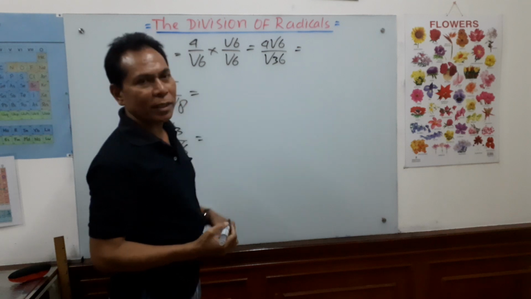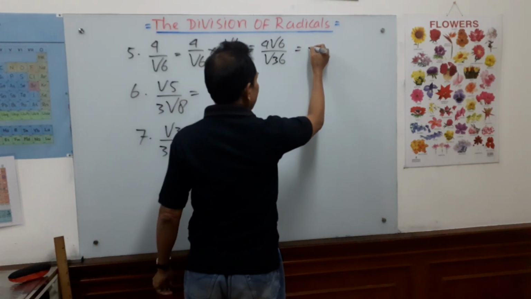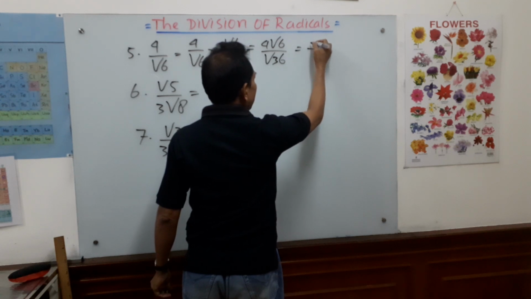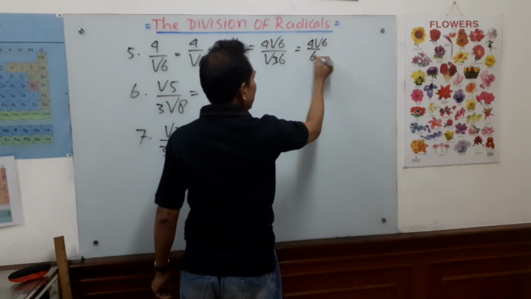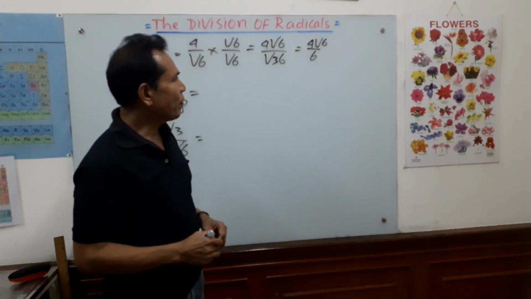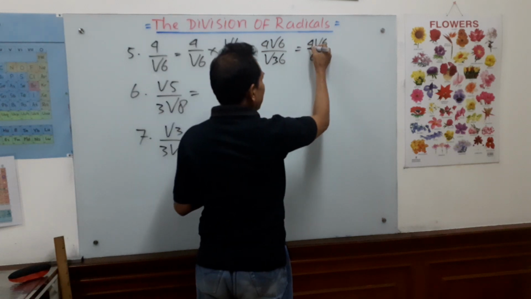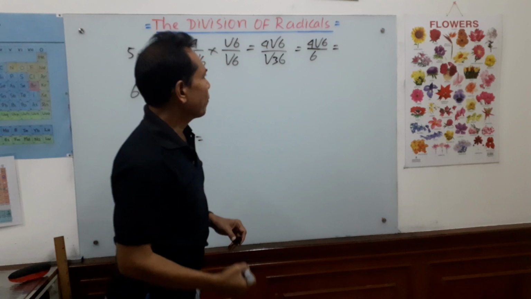Square root 36 is a perfect square, so it is 6. So we have 4 square root 6 over 6. Now, can we simplify this, 4 square root 6 over 6? Yes, we can.